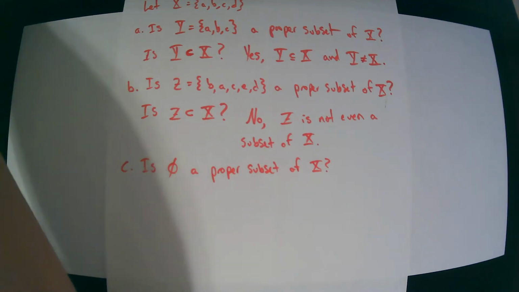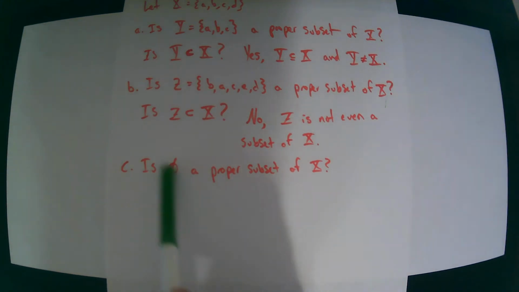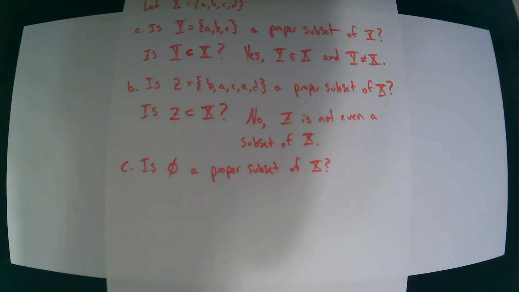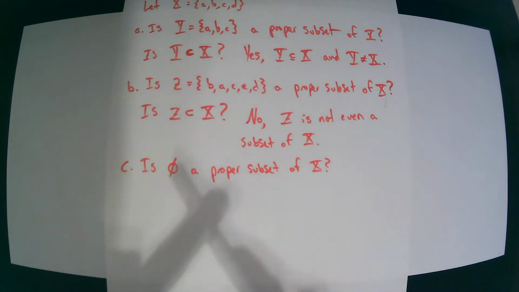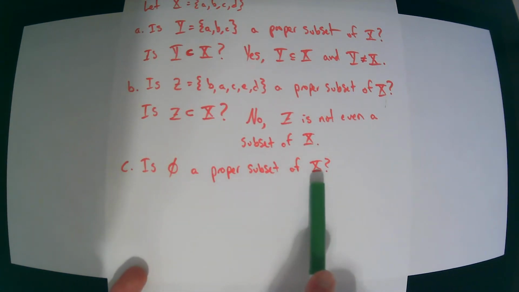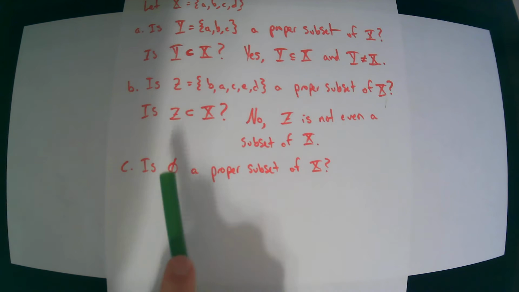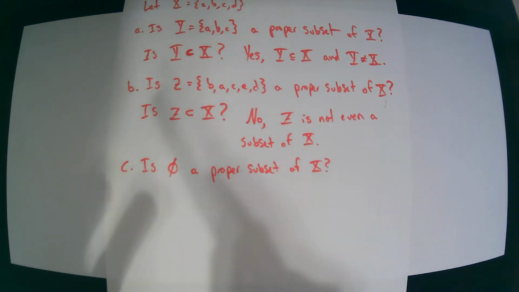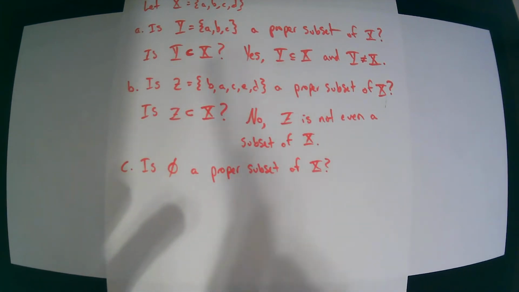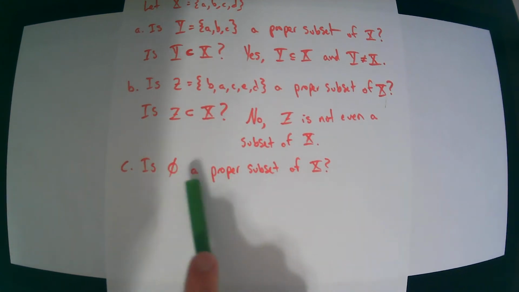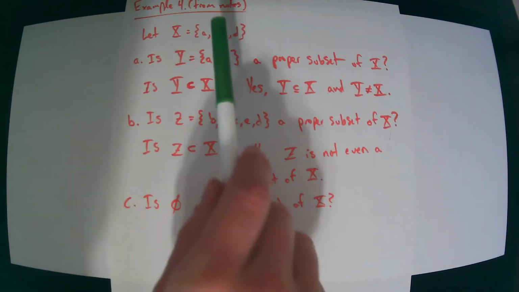The answer is yes, technically, because what is contained inside of the empty set? Nothing, right? So technically, the definition of proper subset says that you need to be a subset, meaning everything in this is in this, but that's just inherently true because there's nothing in this, and you need to not be equal to the other set, and clearly it's empty, so it can't be equal to this X set.